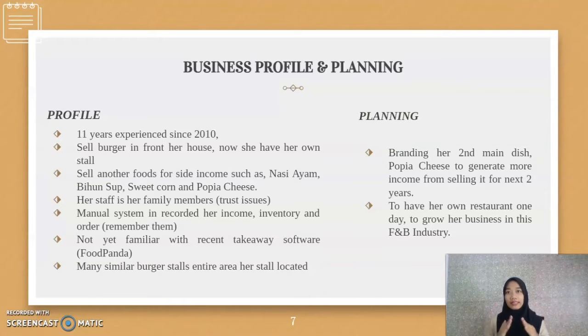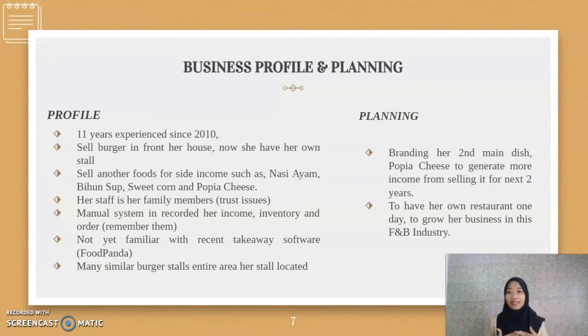And this business is family style because all her staff are her family members, such as her mom and her siblings, because Miss Hasikin has a special issue with strangers. And this stall uses a manual system to record her income, inventory, and orders, because when the customer requests food, she just remembers it.